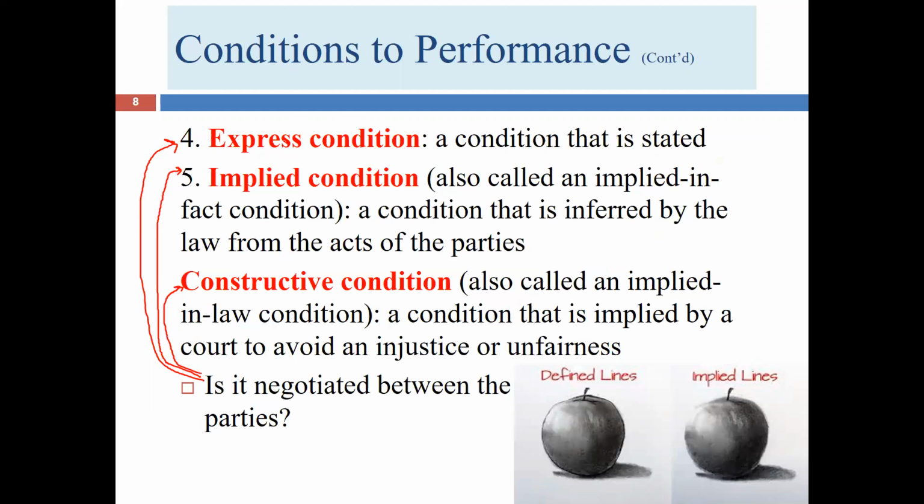No, the parties did not plan for this. No, it's not implied under the circumstances, but we're going to apply some common sense and we are going to constructively add that condition. For example, let's say Jan is supposed to mow the lawn. Jan is a sole proprietor. She's the only person who works in her business, and she breaks her leg.